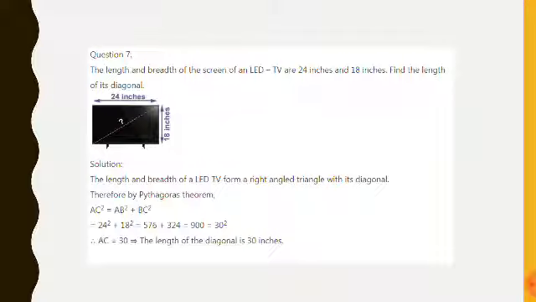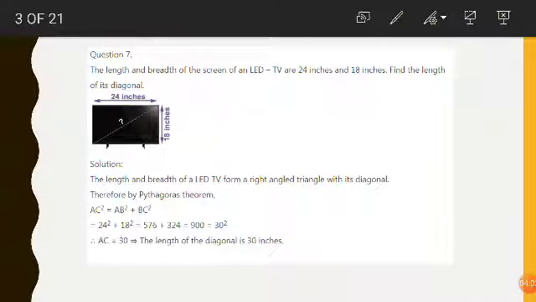So AB square is 24 square, BC square is 18 square. 24 into 24 is 576, 18 into 18 is 324. We get the value 900. So 30 square. AC square is equal to 30 square, square cancels, AC equal to 30. So the length of the diagonal is 30 inches.